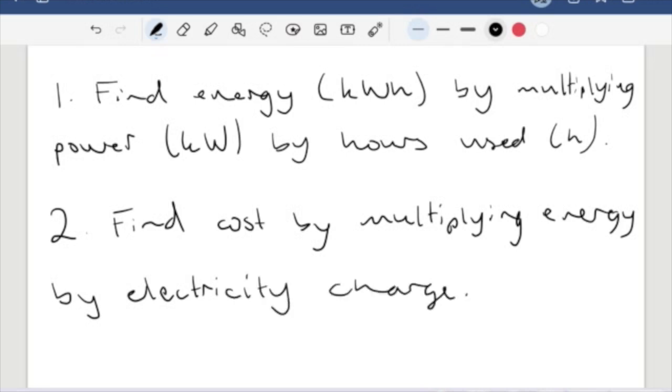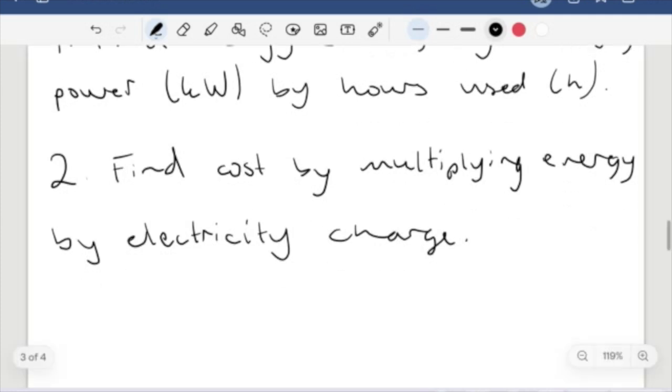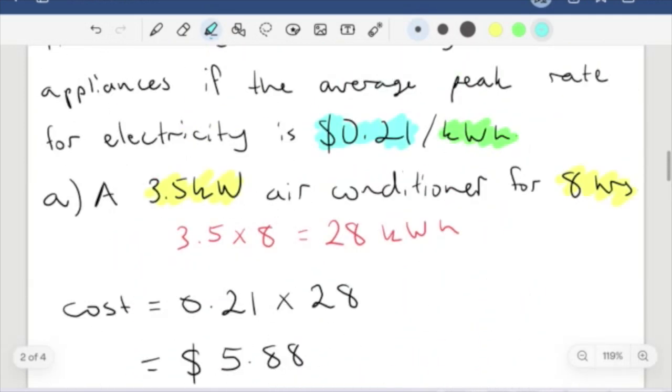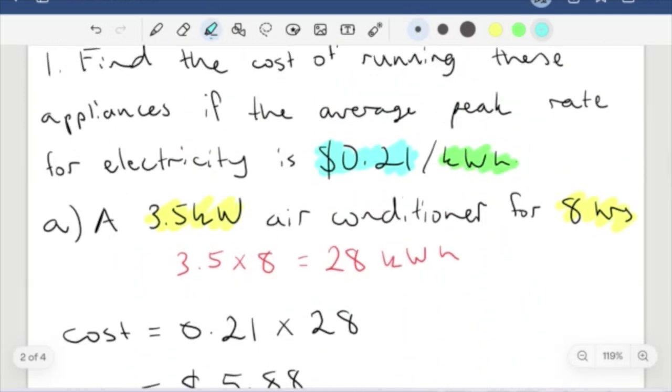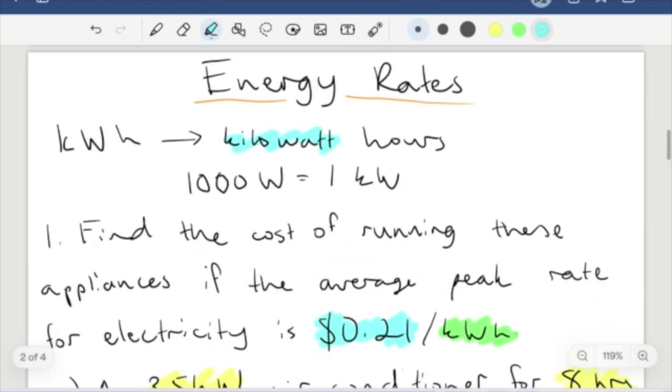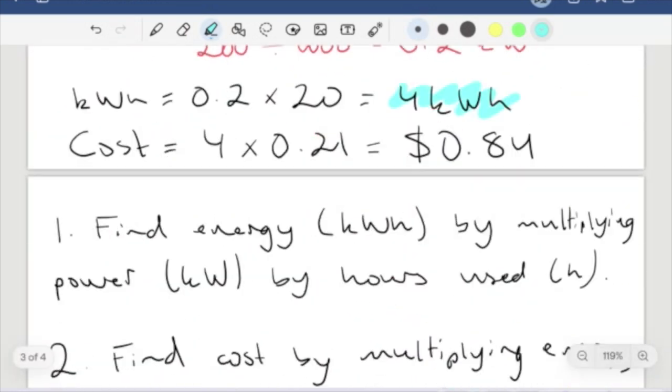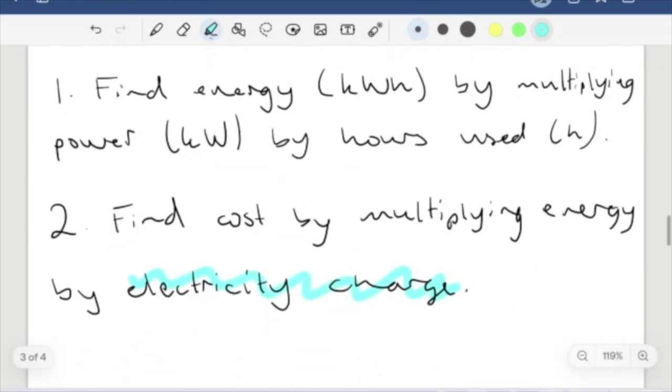What they mean by electricity charge is just the rate that we're given in the question. So with this first question, this is $0.21 per kilowatt hour. This is how we can work with these energy rate calculations, and we're always going to approach them with these two steps.